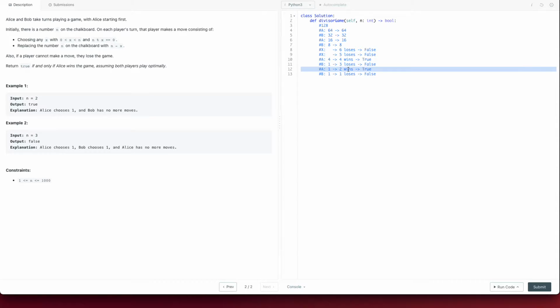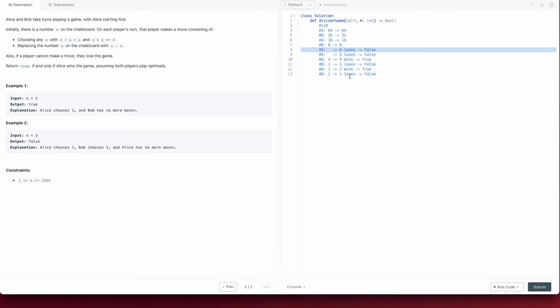So if N is 2, I get to win because I do this move. If N is 3 and Alice plays first, they'll lose, so false. If it's 4, then you can win because you can force the other player to be at 3. If it's 5, then you have no choice but to play 1, and then the other person wins.